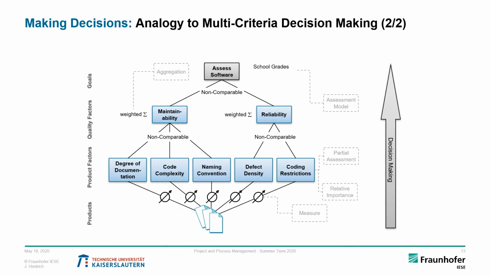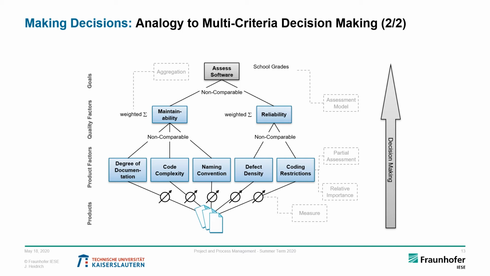So in this example, now basically transferred to our area of software development, we want to evaluate or assess software. We have probably maintainability and reliability as two criteria that are non-comparable. So we need to think about how to aggregate them, if we want to aggregate them.